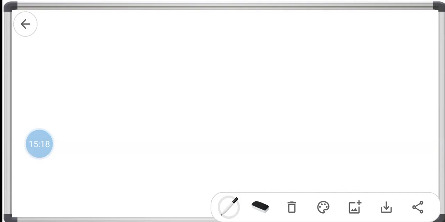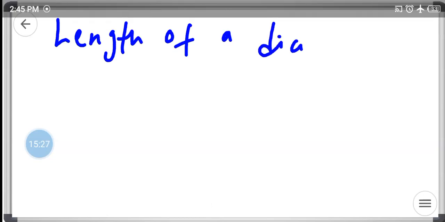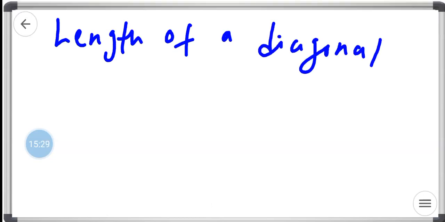the length of a diagonal. The length of a diagonal L equals x root 3. From the question, we're told that x is 8.